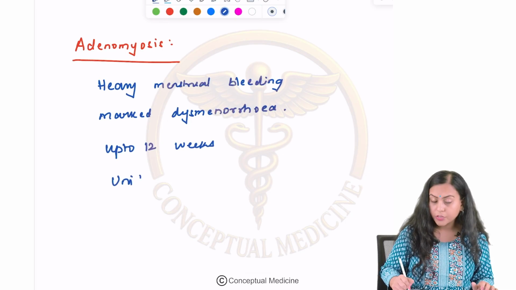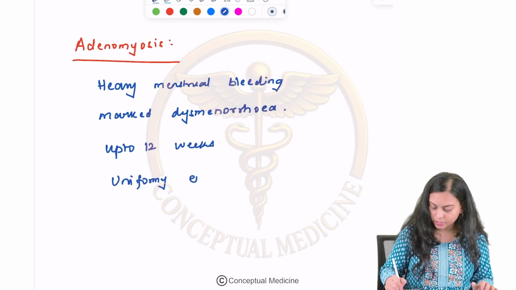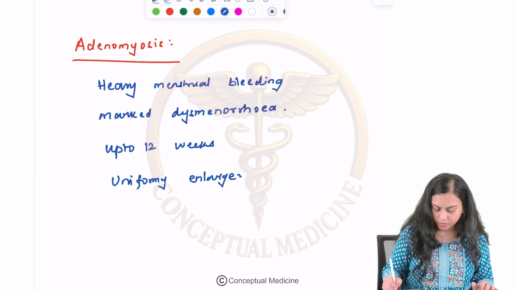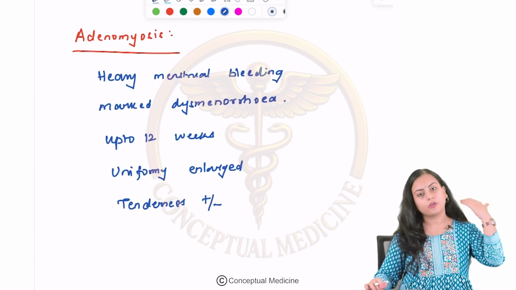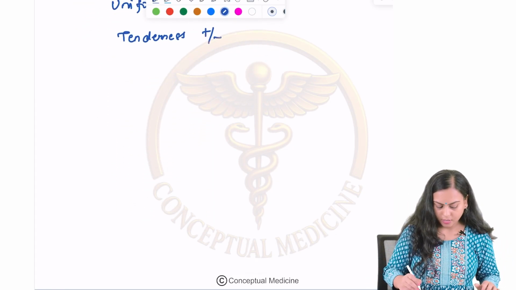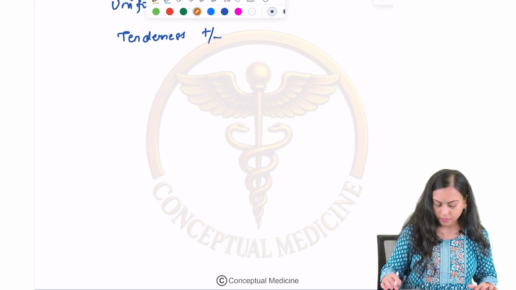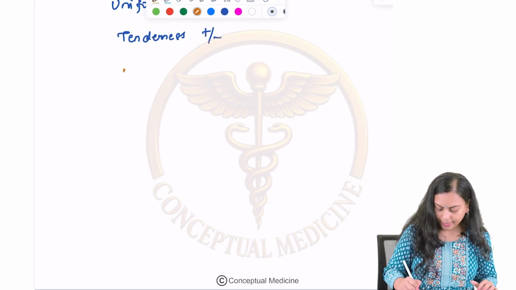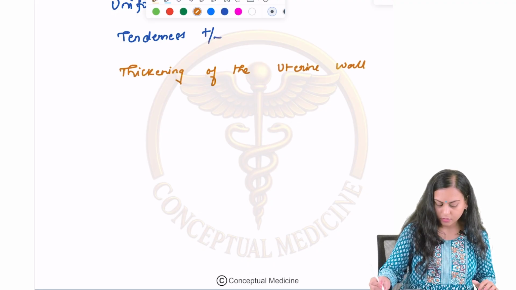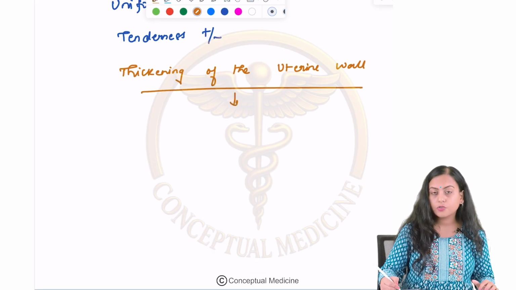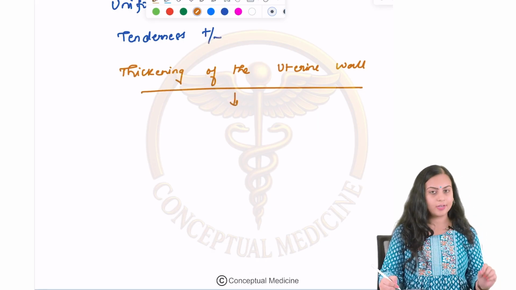And remember, the uterus is uniformly enlarged here, and tenderness can be present or absent. There can be thickening of the uterine wall, which can be asymmetric in a focal disease.